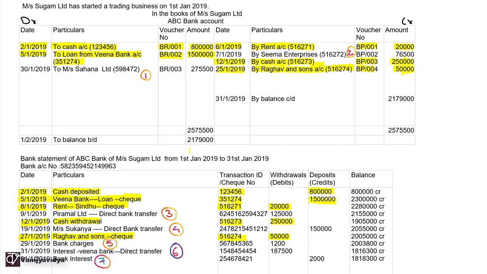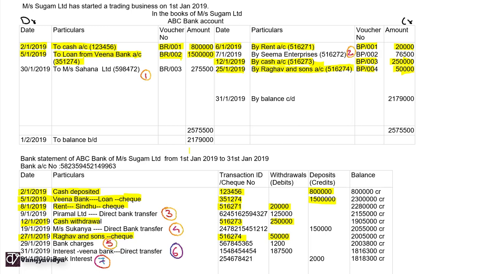Now this amount is not recorded in the bank account as per books. So now what has happened here? Since there is a direct bank transfer to Piramal Limited of 1,25,000, your balance as per bank statement is less as compared to your balance as per bank account by 1,25,000.